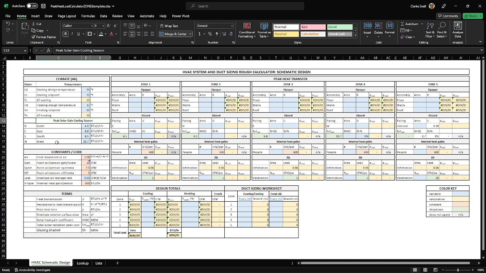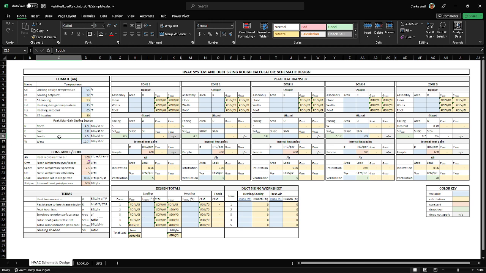What we're trying to do is find the worst case scenario for heating and cooling. When the sun is hitting a window in the winter, that would sometimes be an advantage because we want to gain that heat. However, it's never going to be at the peak loading time, because the peak loading time is going to be at night when the sun is down.